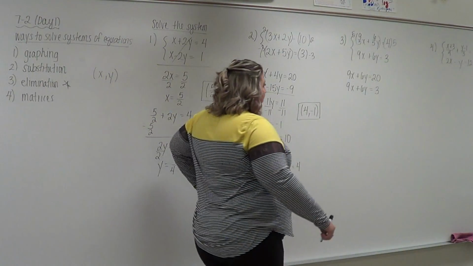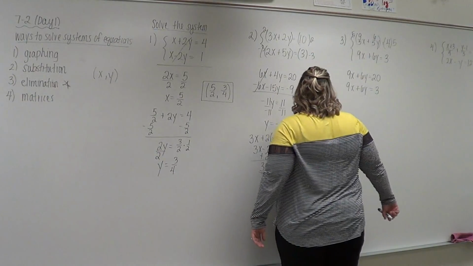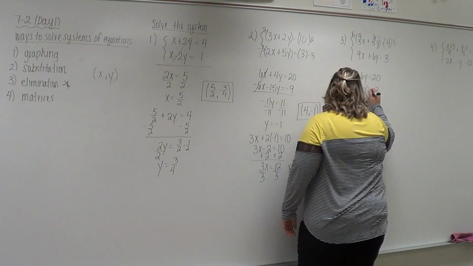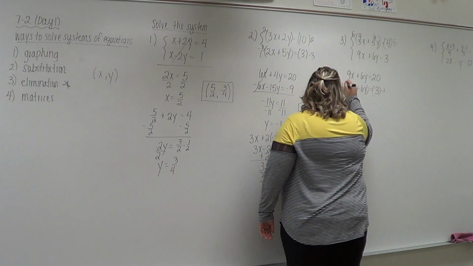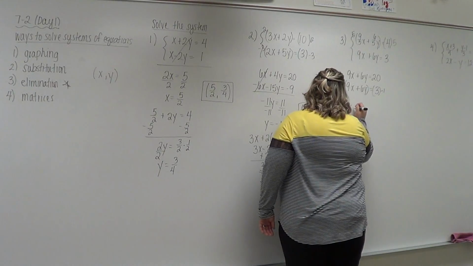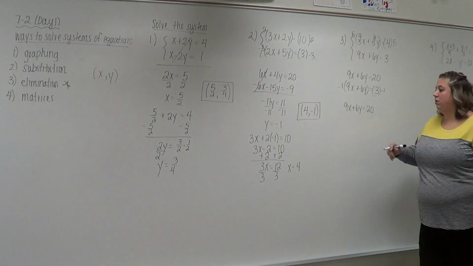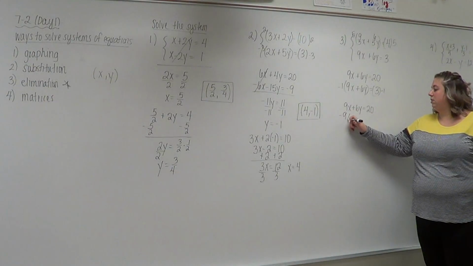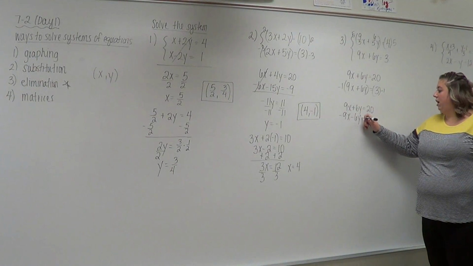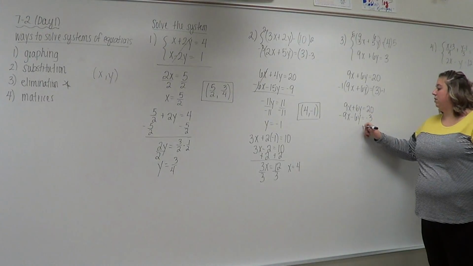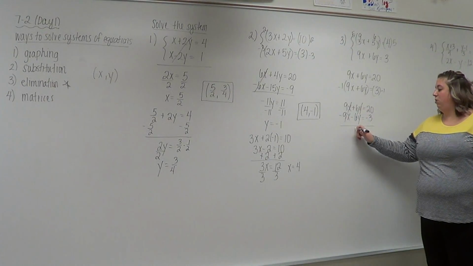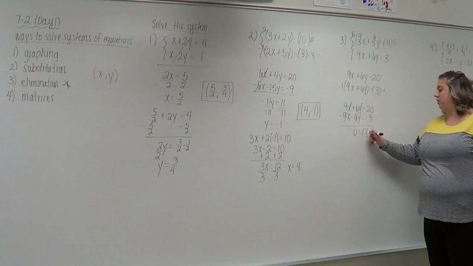You've got to multiply one of them by negative 1. So first one or second one? My first one would stay the same. Then this one would be negative 9x minus 6y equals negative 3. The x's and y's both cancel, so I have 0 equals 17.